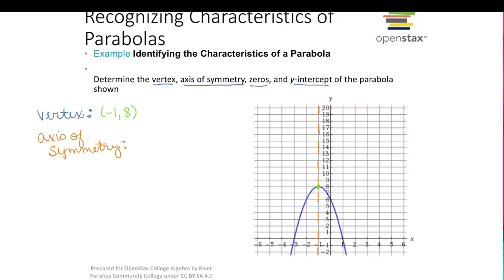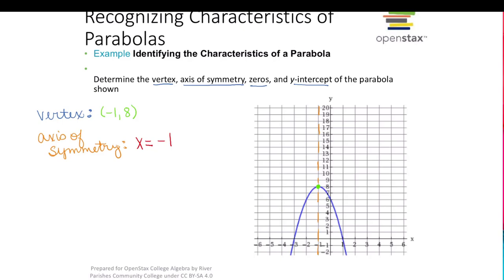The equation of that line is x equals, and then what is the x-coordinate of all the points on that line? Well, it's the same as the x-coordinate of the vertex because it does go through the vertex, so it's x equals -1.